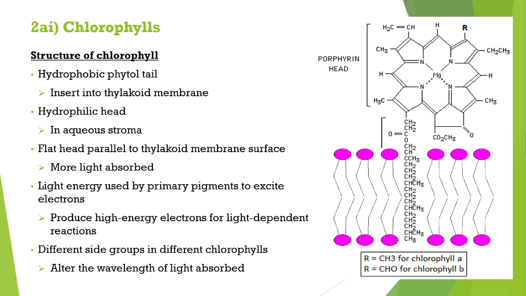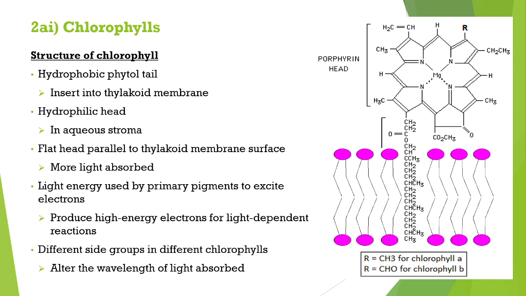So different chlorophyll molecules can have a slightly different side group, and that will affect slightly the structure of the porphyrin head, which then affects the wavelengths or colors which the particular chlorophyll molecule can absorb. So they will all absorb near the blue, violet, and red colors, but there are different shades of red and different shades of blue, violet.